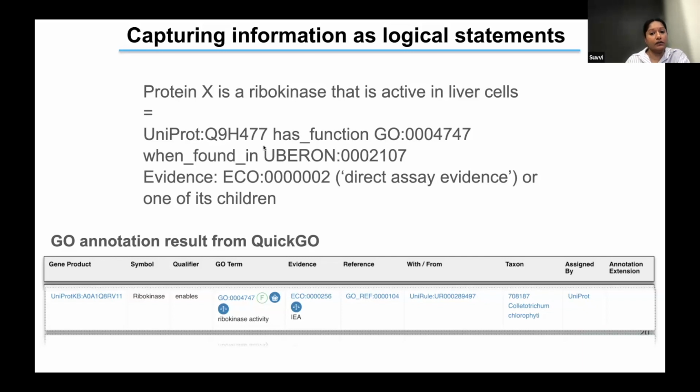And where is this ribokinase, or protein X, found? It is in liver cells. So you can use the UBERON term for liver cells, UBERON 2107.